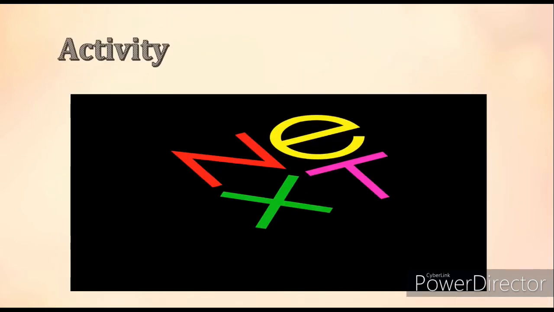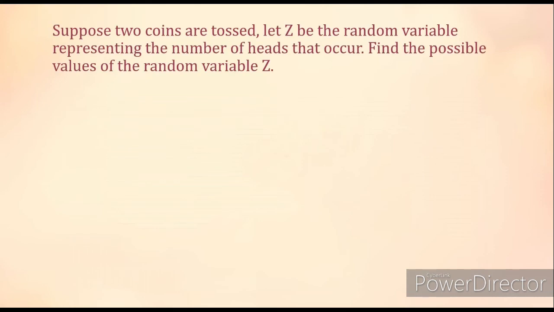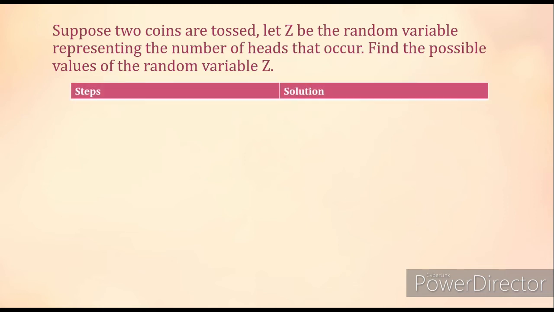Let's have the next. Suppose 2 coins are tossed. Let Z be the random variable representing the number of heads that occur. Find the values of the random variable Z. This time, the random variable is the number of heads, and the number of heads is represented by capital Z. So, steps.